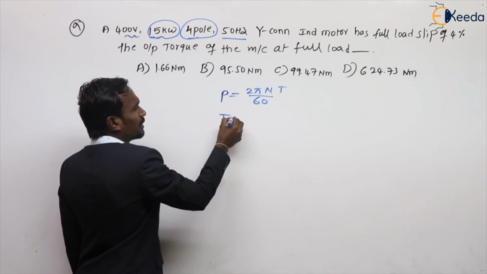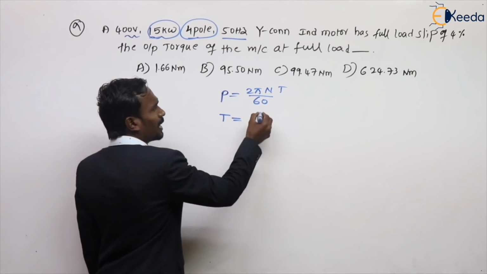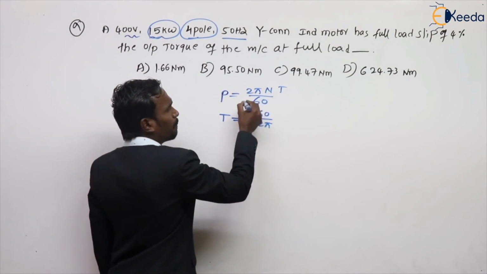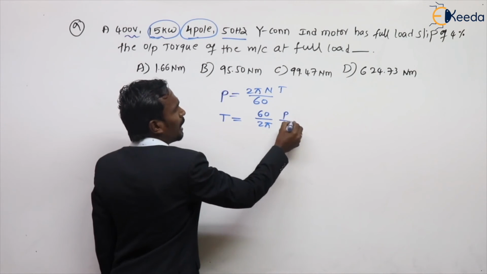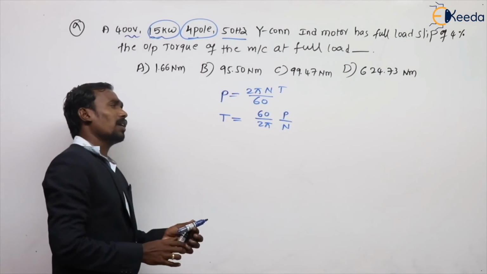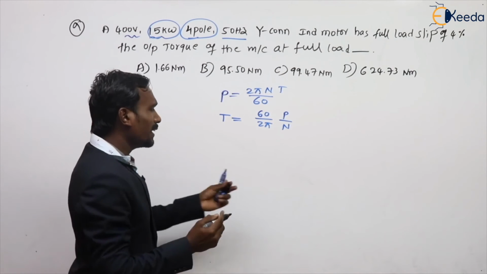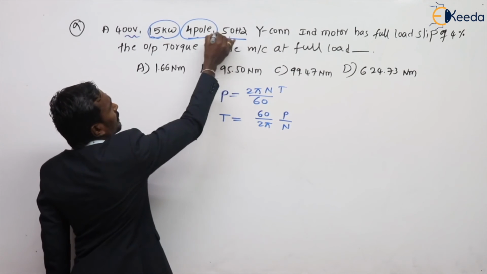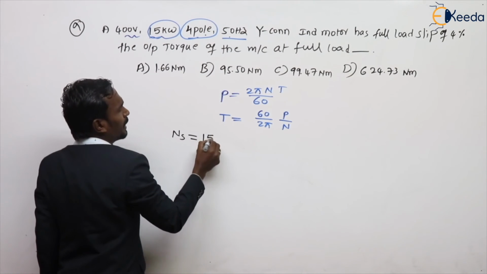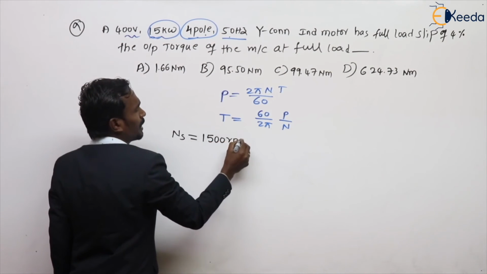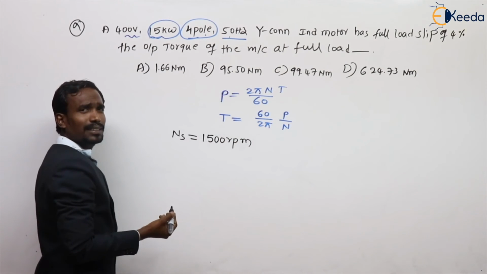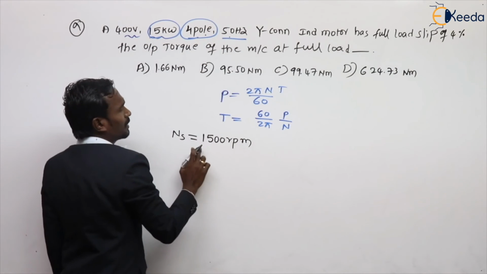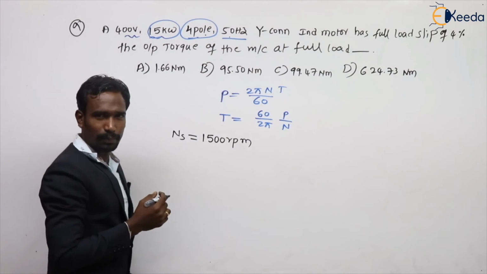From this, torque T is equal to 60 upon 2 pi and P upon N. What is N? First of all, synchronous speed. For 50 Hz, 4 pole, the synchronous speed is 1500 RPM.